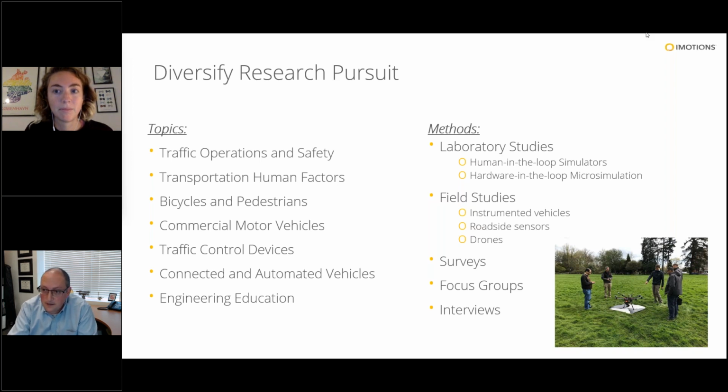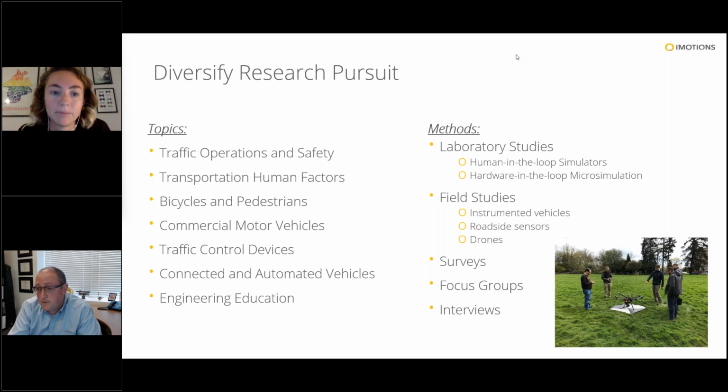We're expanding our work into the connected and automated vehicle space, in particular with some of our federal agency partners. And then I've always loved the classroom, so we do a little bit of work for the National Science Foundation in the engineering education space, trying to figure out how to educate a generation of thought leaders and practicing engineers. So the kinds of work we do, that's one bin that we have to think about diversification on.